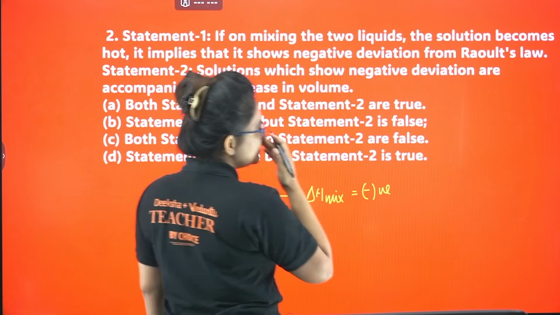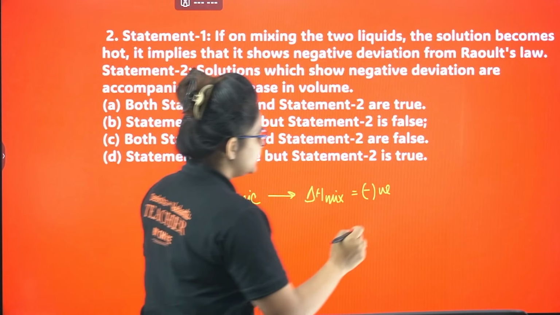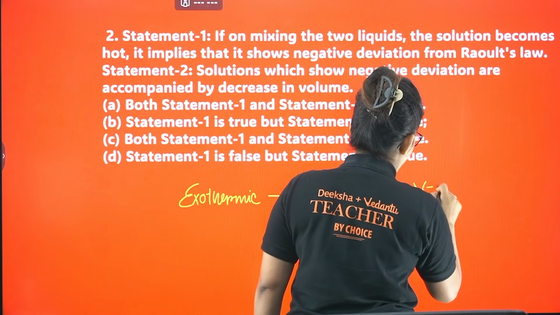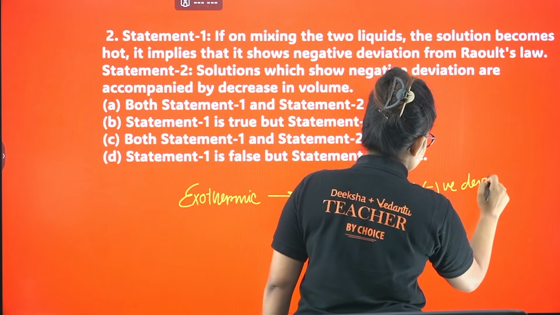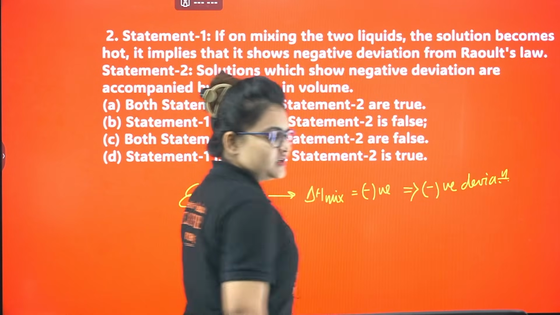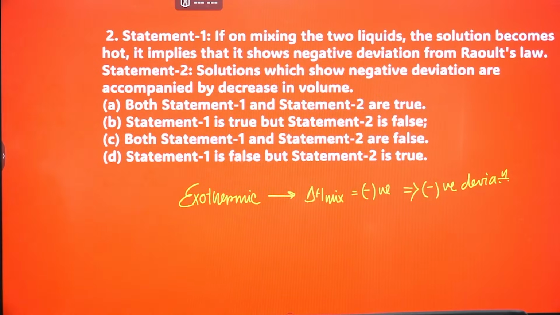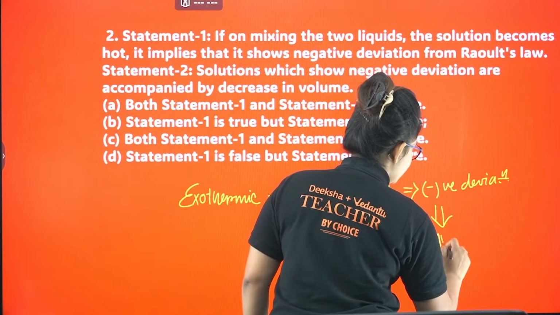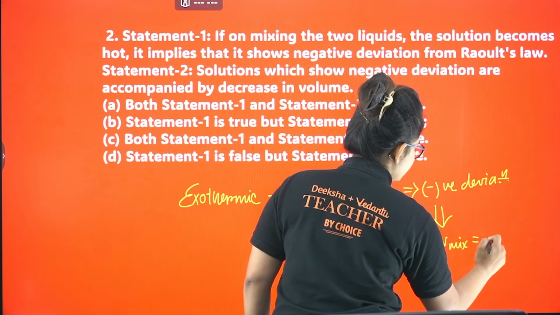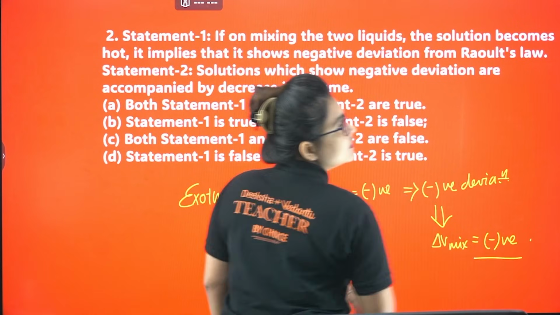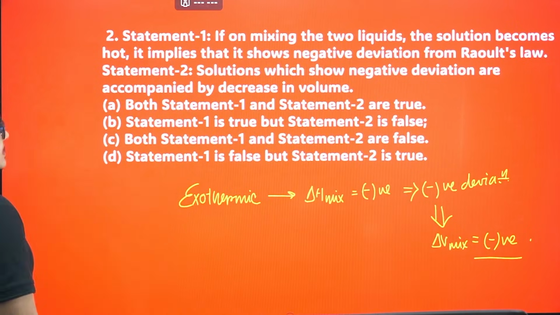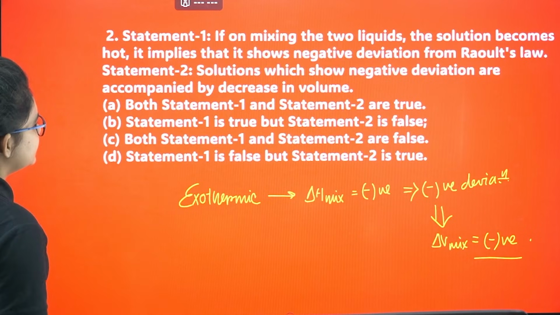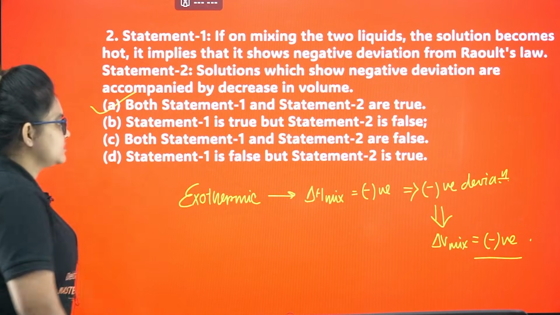So if delta H mix value is negative, that will give you negative deviation, right? So yes, statement 1 is correct. Statement 2, solutions which show negative deviation are accompanied by decrease in volume. So if it is negative deviation, definitely delta V mix is also going to be negative, right? So both the statements are true, right? Option A is going to be the correct one.